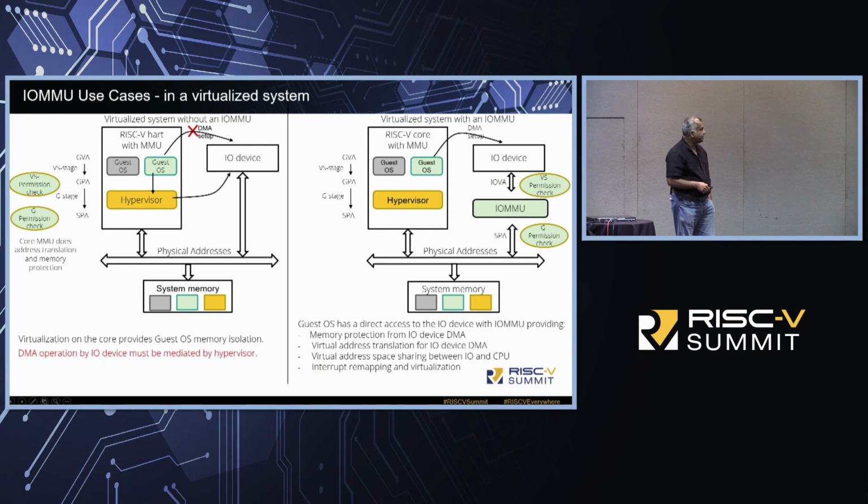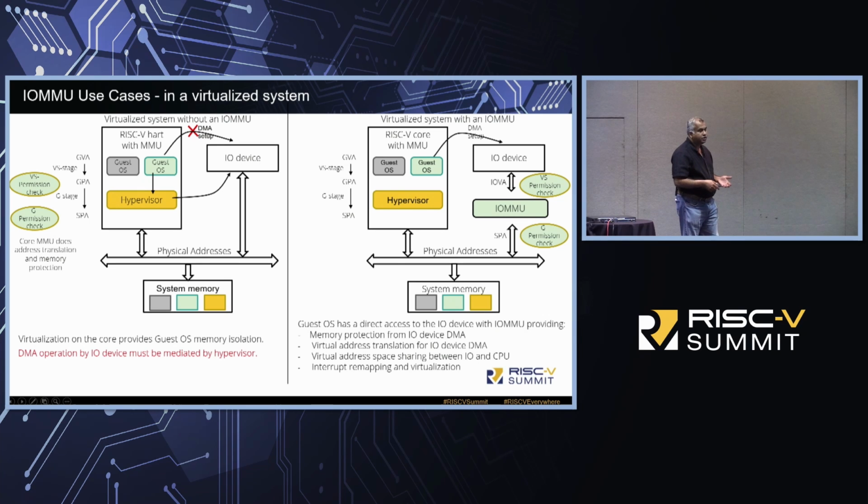On the hart, two-stage page tables are used, two-stage address translation, so that the operating system inside the VM can set up its own page tables and enforce its own address translation and protection policies, whereas the hypervisor can prevent one guest OS from accessing another guest OS's memory or the hypervisor's memory itself. Now, in this kind of virtualized system, for maximal performance, you want the guest OS to master its own devices, so it can directly program the devices without needing mediation through the hypervisor.